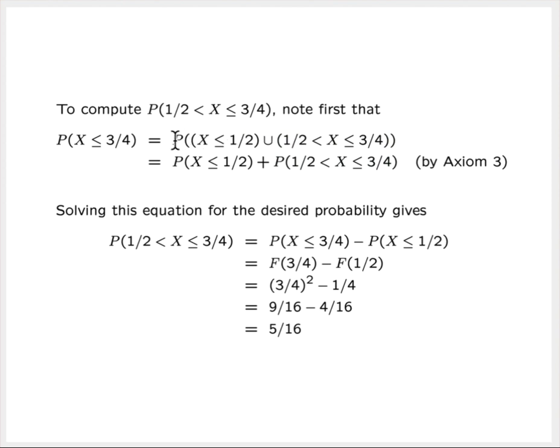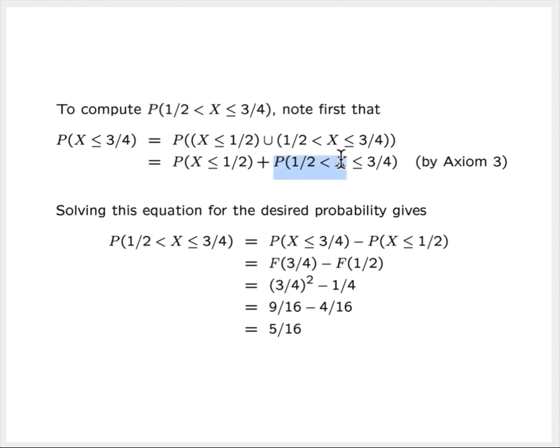And so we have the probability of the union of two mutually exclusive events, and by axiom 3, we can decompose the probability of the union of these two events in terms of the sum of the probabilities of the individual events. Now, the reason that this is useful: what are we looking for here? We want the probability that x is strictly greater than 1/2 and less than or equal to 3/4.